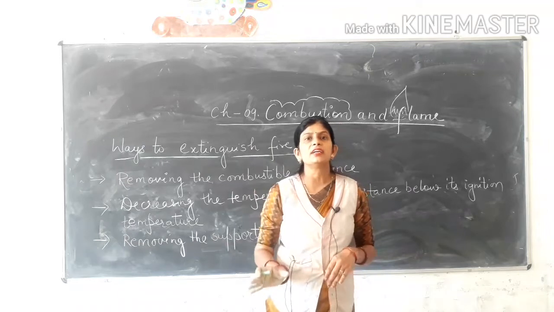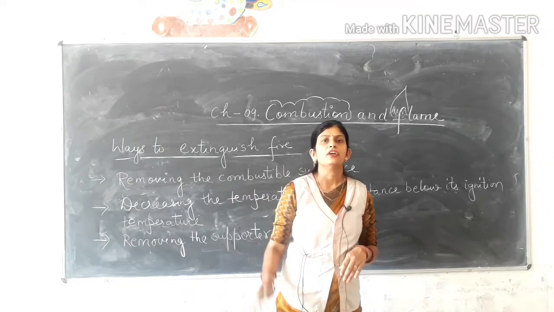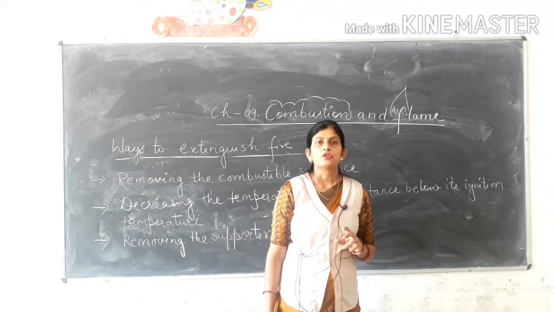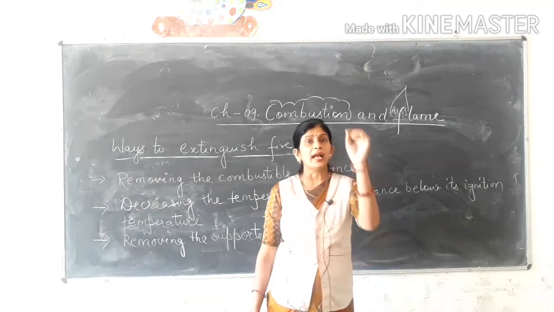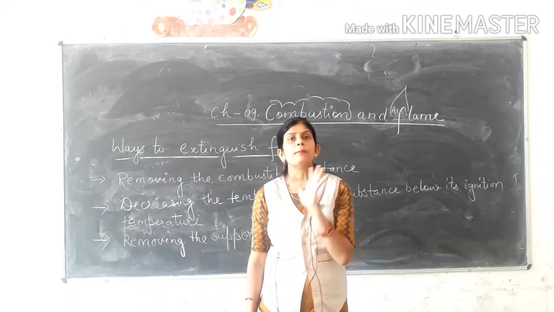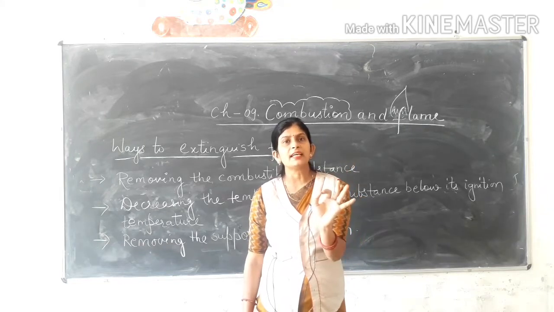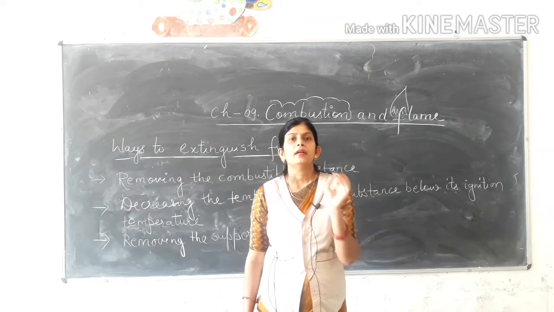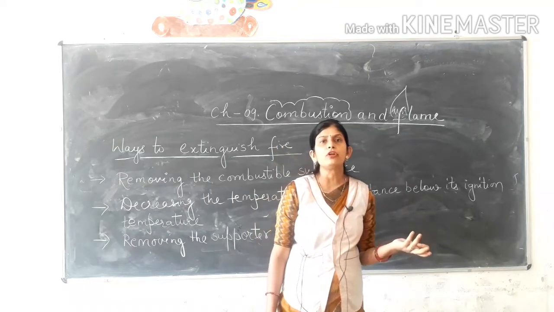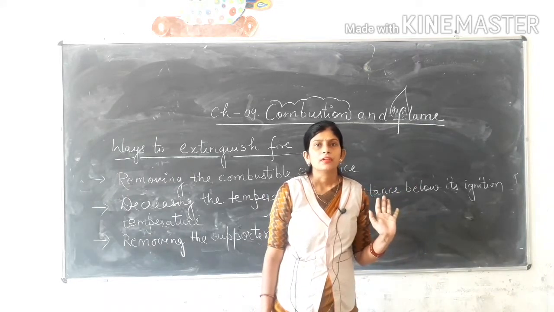So these three conditions are very essential for combustion to take place. If we remove any of the conditions, then combustion will not take place. This is the basic idea behind extinguishing a fire. We have to remove any one of the three conditions.